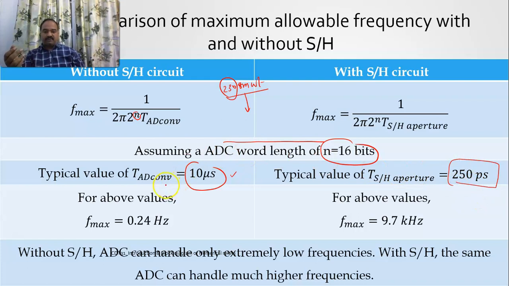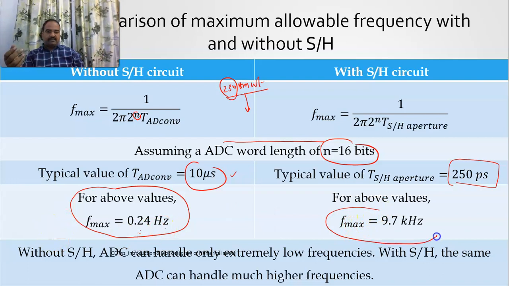So if you substitute this, the maximum allowable frequency here is only 0.24 Hz, whereas here you will get 9.7 kHz. This is the maximum allowable frequency with and without the sample and hold circuit for your analog to digital converter. So you can easily say that without sample and hold circuits, you can handle only extremely low frequencies, but with a sample and hold circuit, you can handle much higher frequencies also.